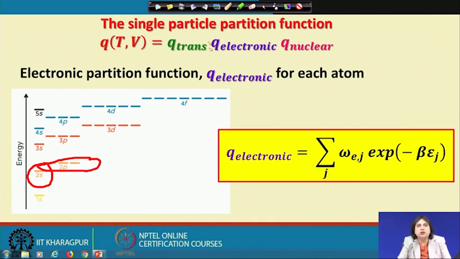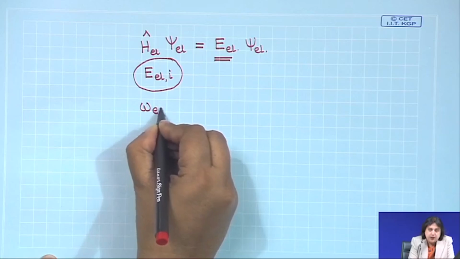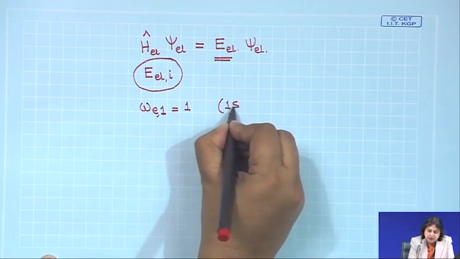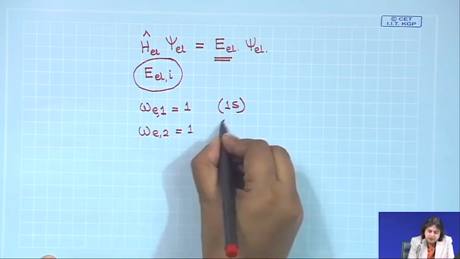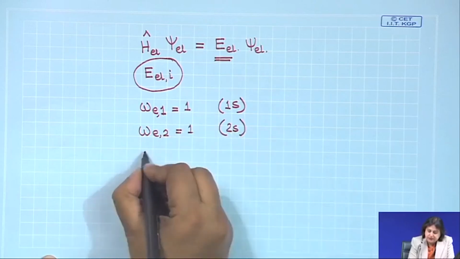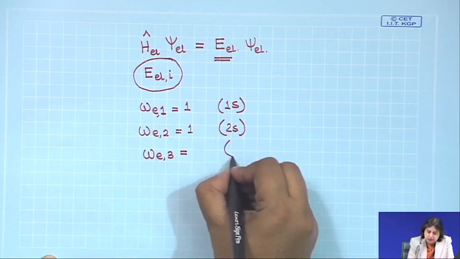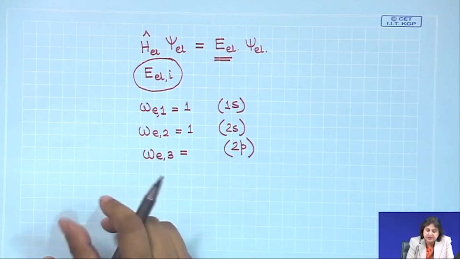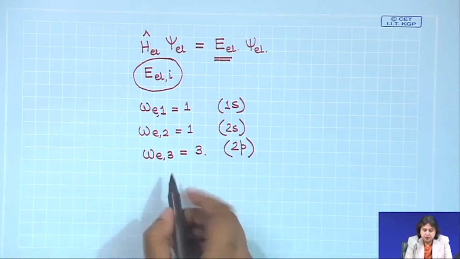So, for this particular picture, I must say that omega E1 is equal to 1, because it is a 1s orbital, omega E2 is equal to 1, corresponding to a 2s orbital, then omega E3 is equal to 3, because I have the 2p orbitals here and there are 3 2p orbitals corresponding to the same energy value, and so on and so forth.